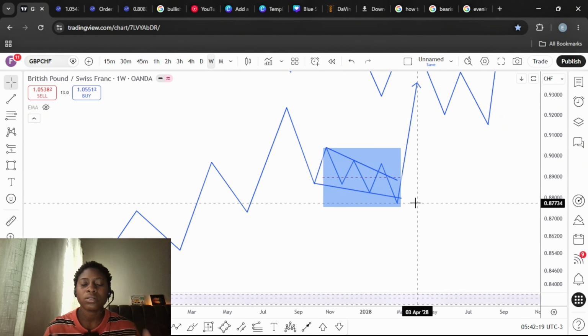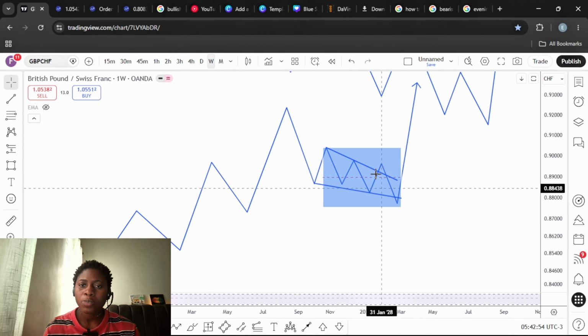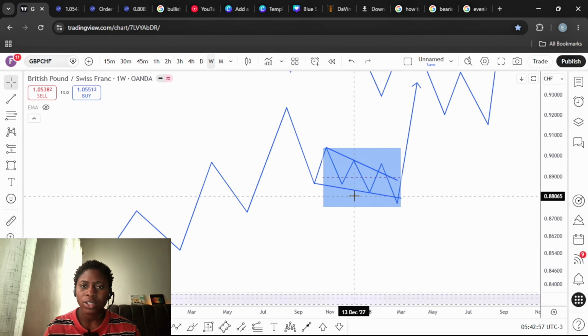There's a chart pattern called the descending wedge. Anytime you see the market ranging, I want you to know that the market is at equilibrium. And most times, every time the market ranges, just know that an explosive move is about to happen. Sometimes so explosive that you even miss your entries, and that's totally fine. So this is a ranging market, all right? This part right now is ranging.